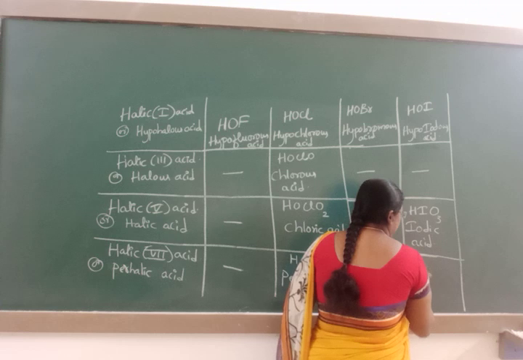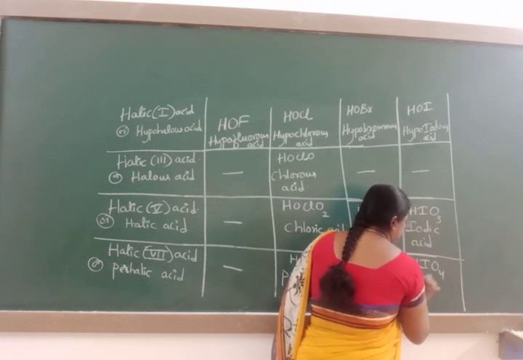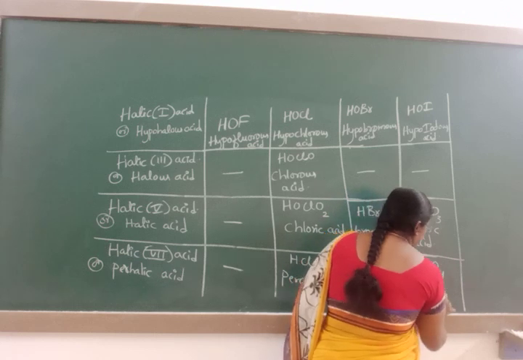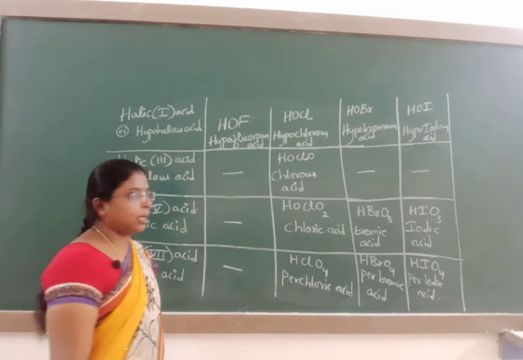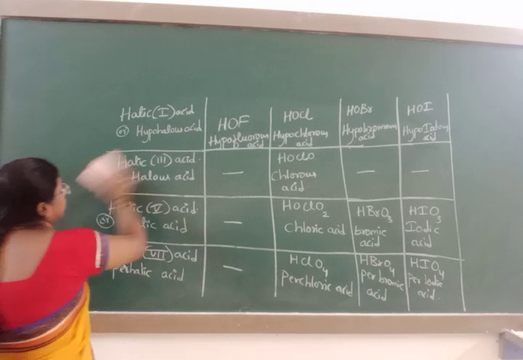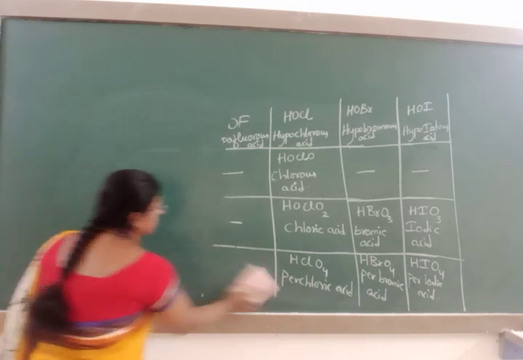It also exists as HIO4. We call it periodic acid. These are all the halogen oxoacid formulas. After this, next come the interhalogen compounds.